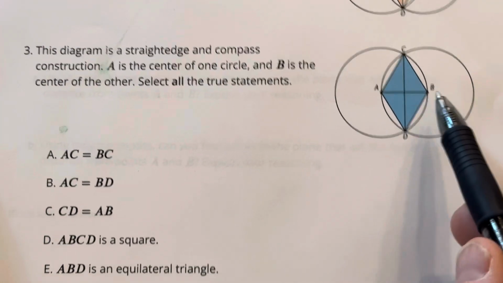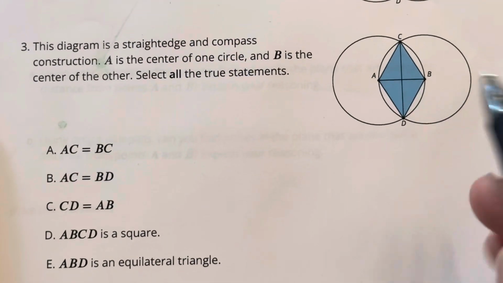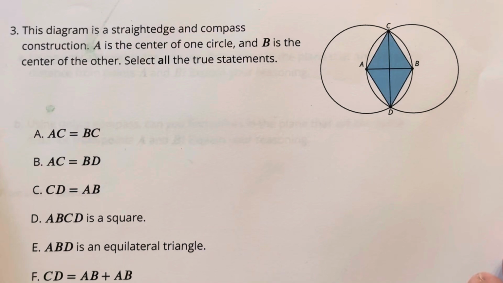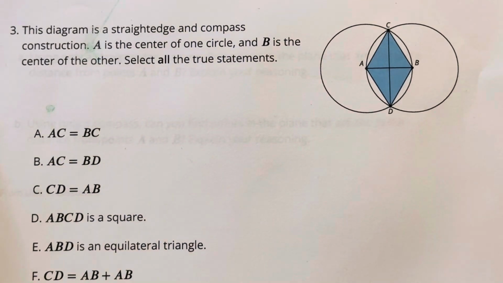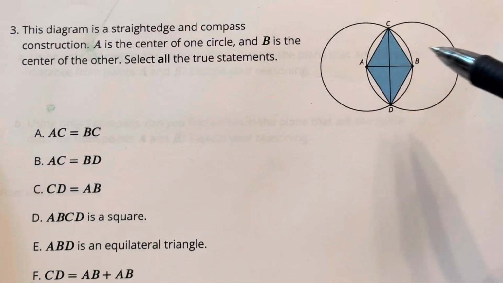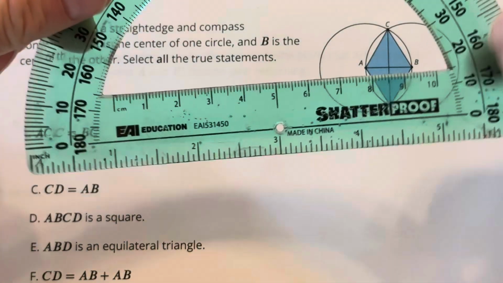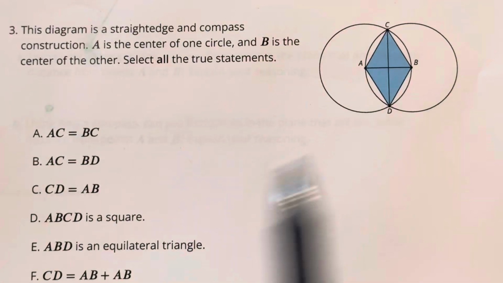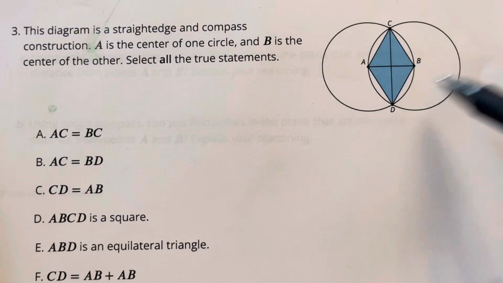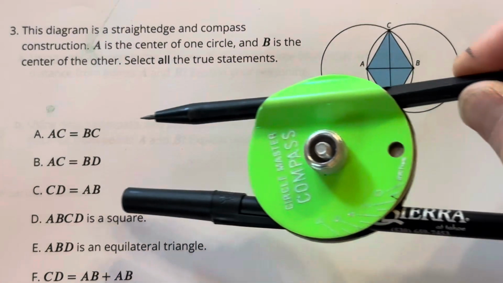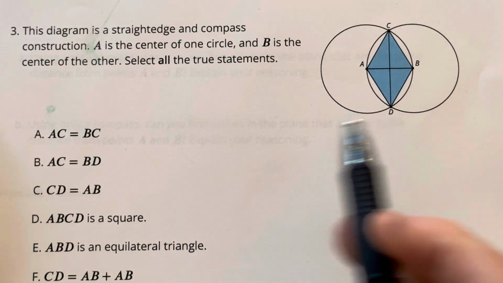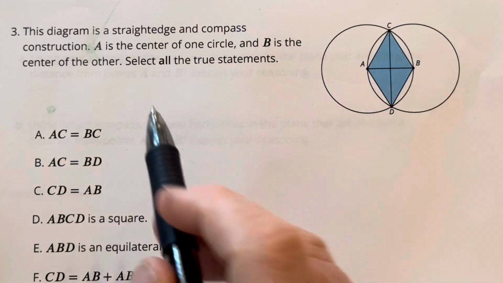This diagram, this one, is a straight edge and compass construction, which means all the lines we used a straight edge, like the bottom here. And then all the circles we used our trusty compass. That's what that means.